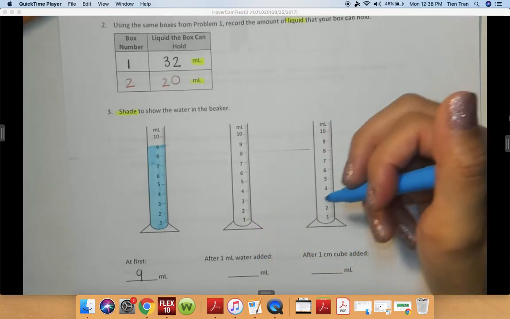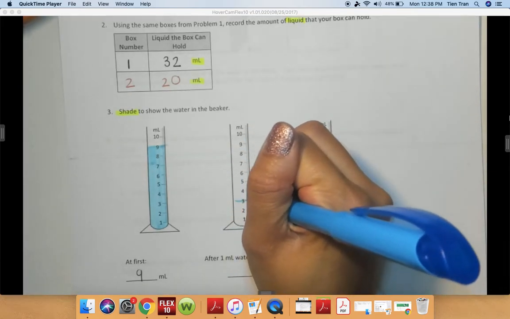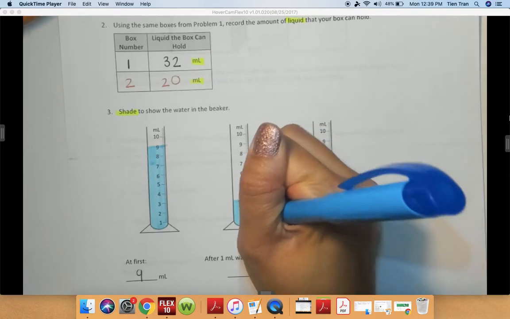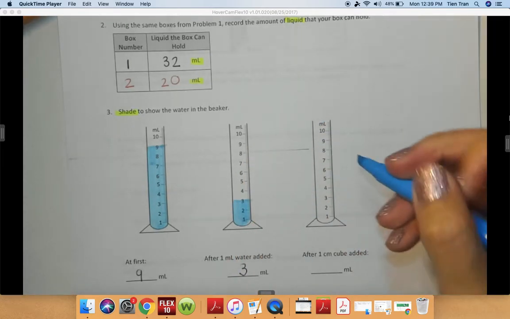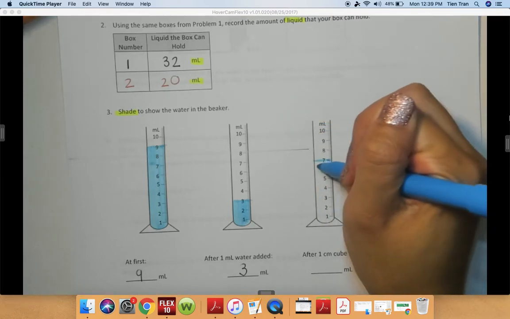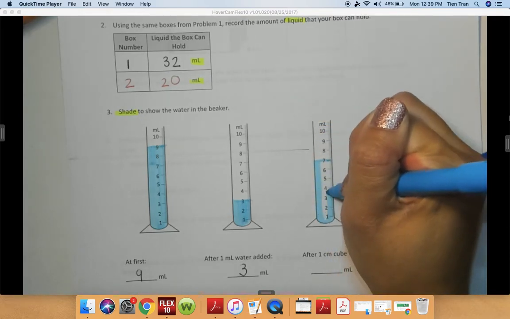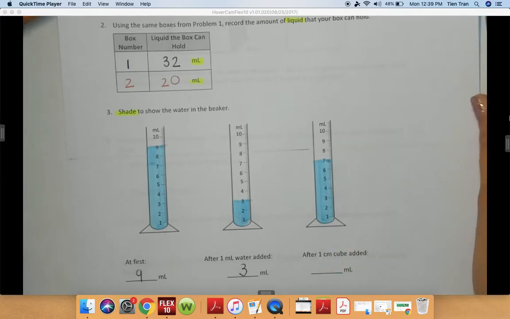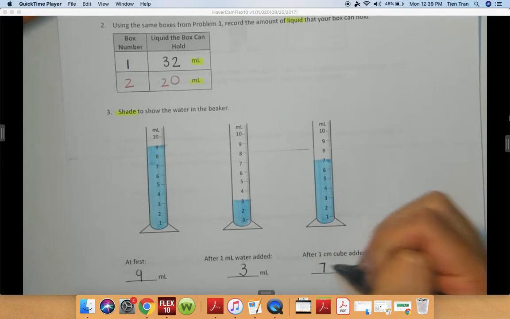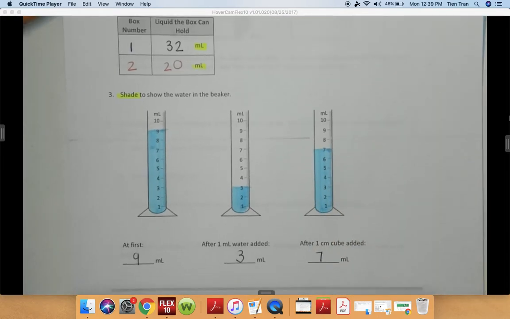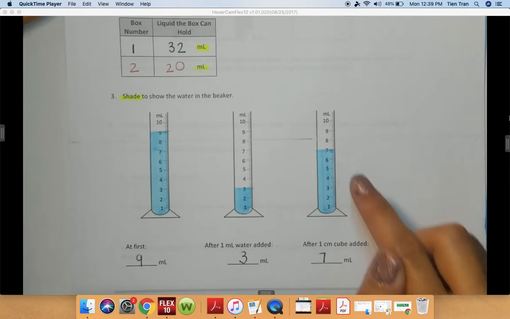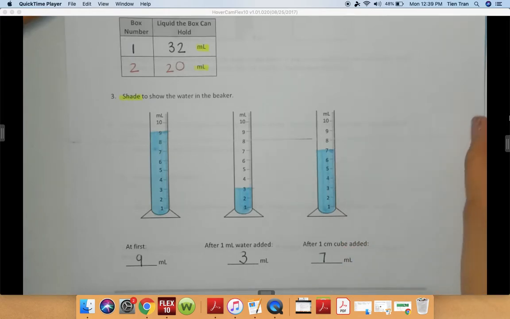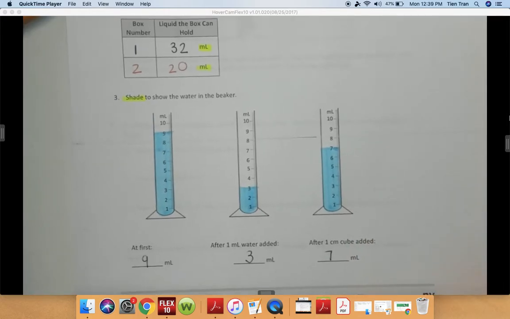Now, what if I shade this one at 3 milliliters? Then my answer is going to be 3 milliliters. Now, if I shade this one to 7 milliliters, it is also going to be 7 milliliters. I just want you to see it visually in a picture. If I were to fill it with water, whatever measurement is here is going to be written right here. Now I'm going to turn to the next page.